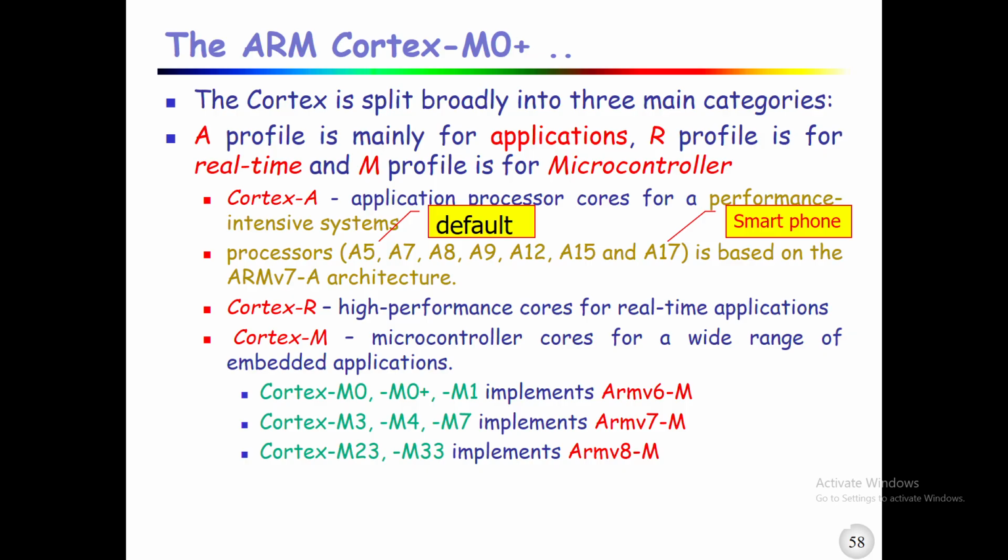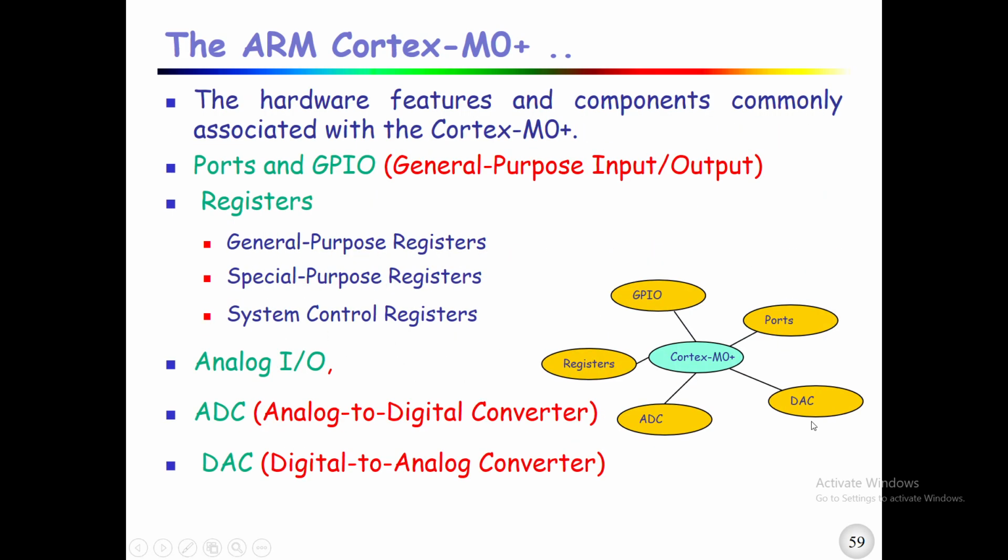And M is for microcontroller cores for a wide range of embedded applications, mostly Cortex M0, M0 Plus, M1, which implement ARM version 6 M, version 7 M, and version 8 M. Each of them has different categories of applications and performance capabilities, so based on the requirement, we'll prefer to use each of them.